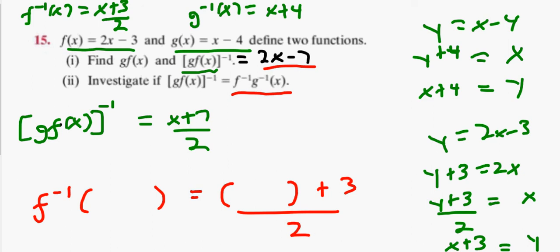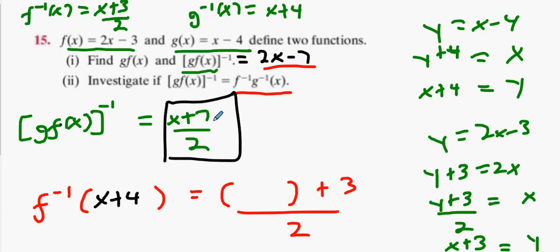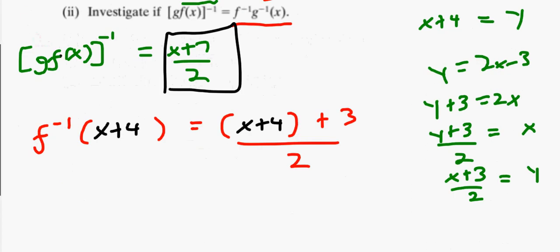So we're going to put in, sorry, what am I putting in again? x plus 4, thanks. Oh, sorry, I'm wrong. We want it to equal x plus 7 over 2. And does it equal x plus 7 over 2? Yeah. So this means that both of them are the same. We all good? Right. So that is question 15 done.